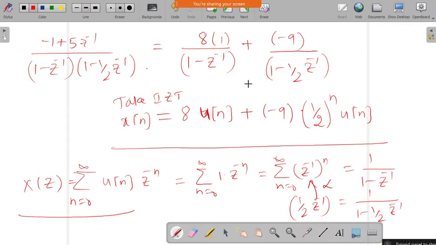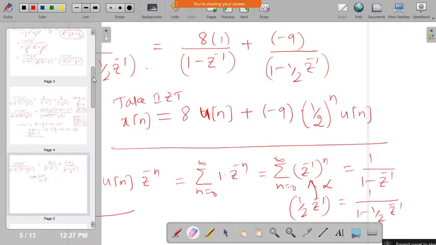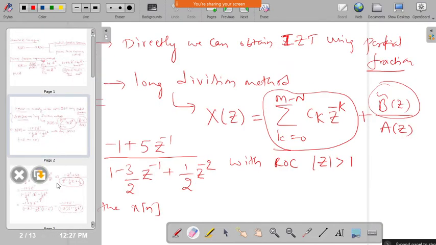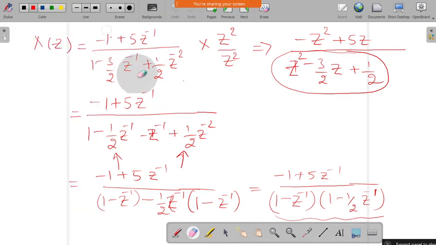Sir, why do we divide and multiply by z square, sir? If you want to get the factorization, generally sometimes we won't get the proper factorization here. We get confused with minus 1 and minus 2, how to get the factorization.